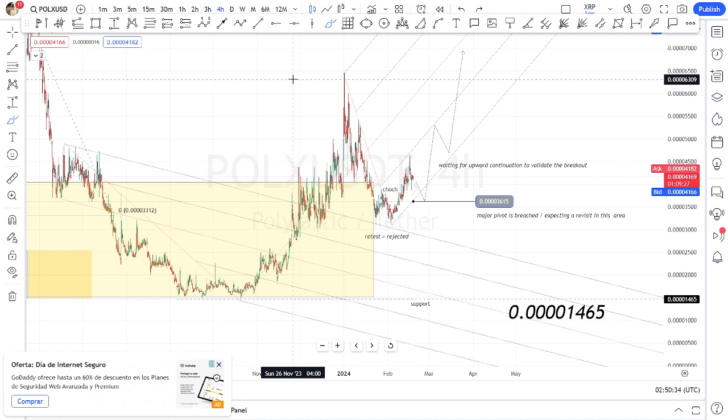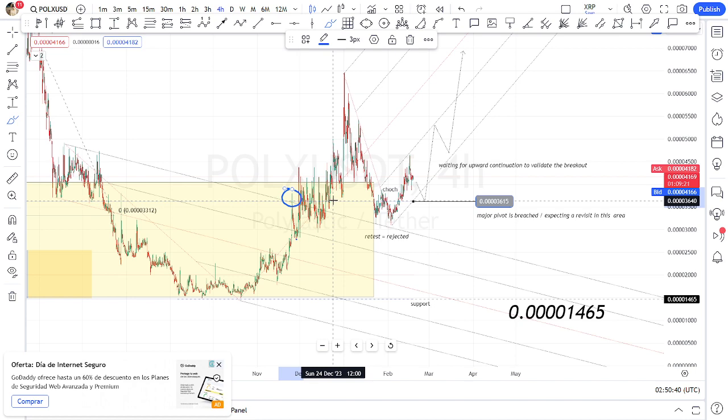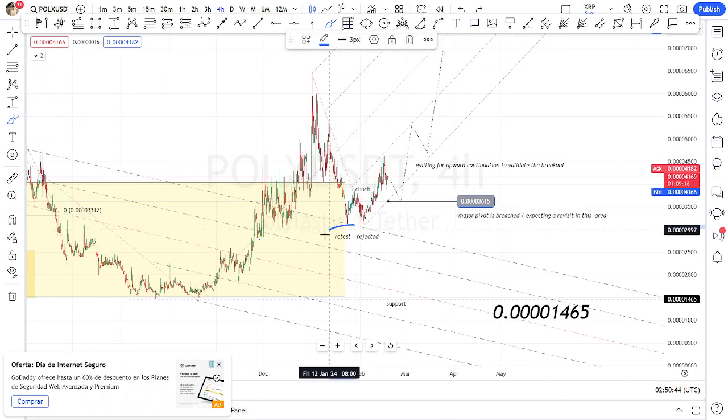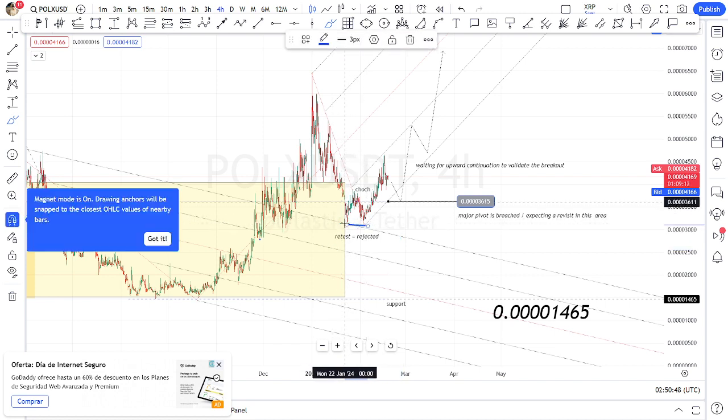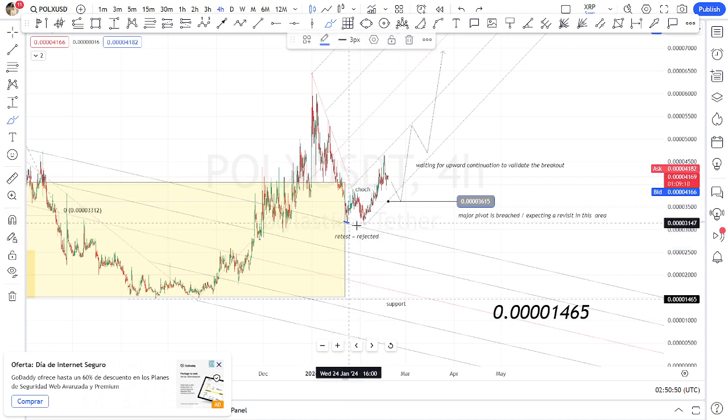This is the 4 hour time frame, so it is a solid movement. So each rejection and breakout is a solid movement. So as you can see here, they retest. It got rejected twice in this area, and as you can see, the rejection almost precisely touches the resistance, the previous resistance, which is now the support.